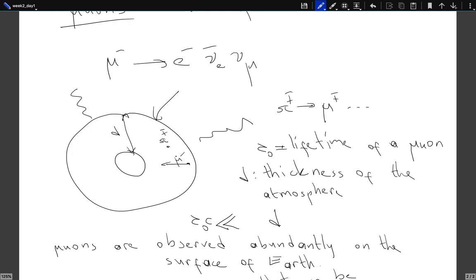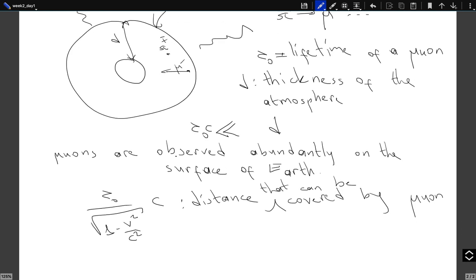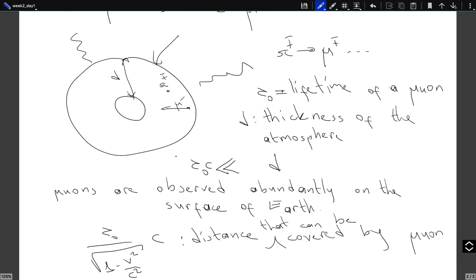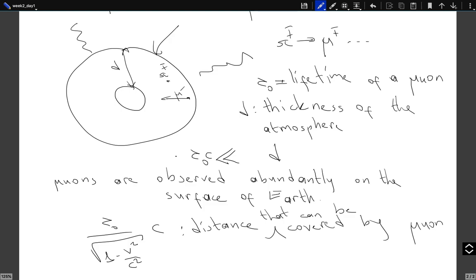So there's no time dilation effect here, but the muon still reaches the surface of the Earth. And the atmosphere is now moving with the speed v. So how come the muon reached the surface of the Earth now? You see, I'm here. Let's imagine I am the muon.